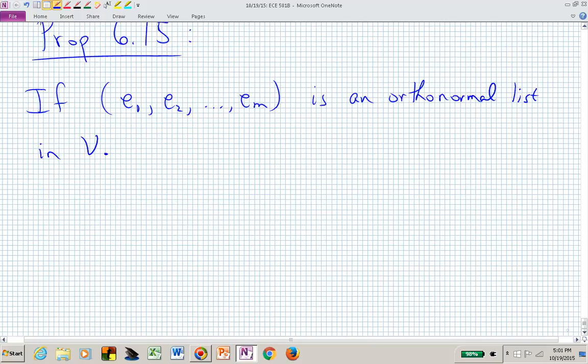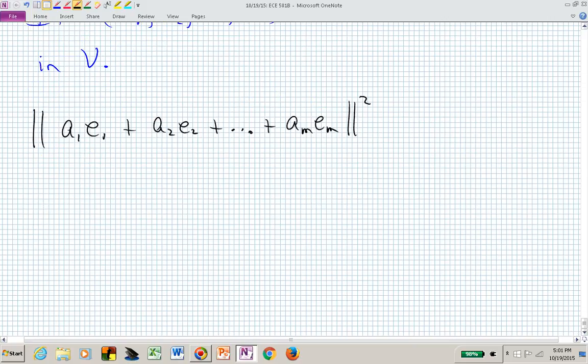Now what we want to look at is the norm squared of a scalar sum of these vectors. Meaning, what if I take a1 times E1 plus a scalar a2 times E2, and I keep scaling all of these m vectors by different scalars, and now what's the norm squared of that sum of vectors?